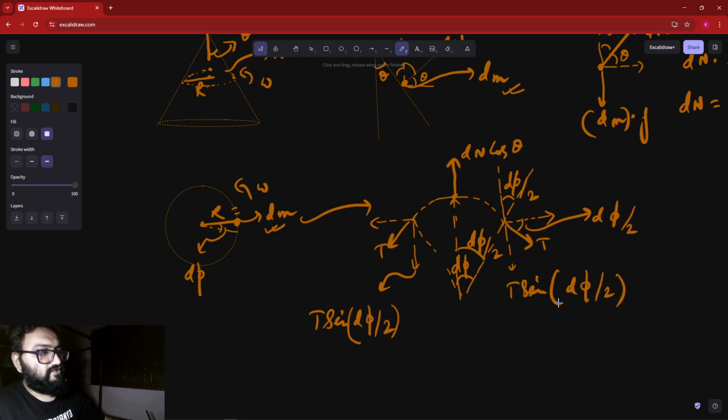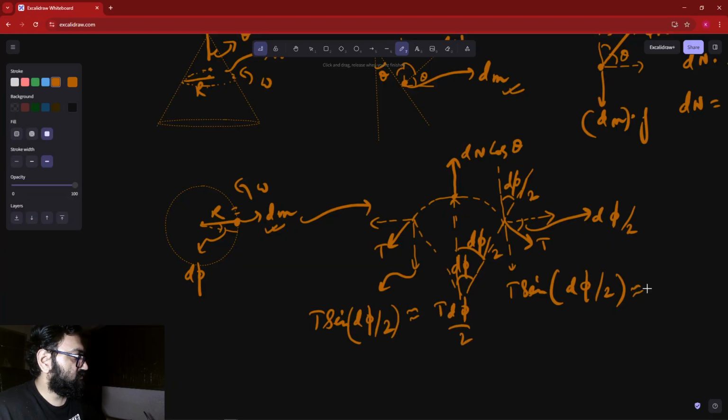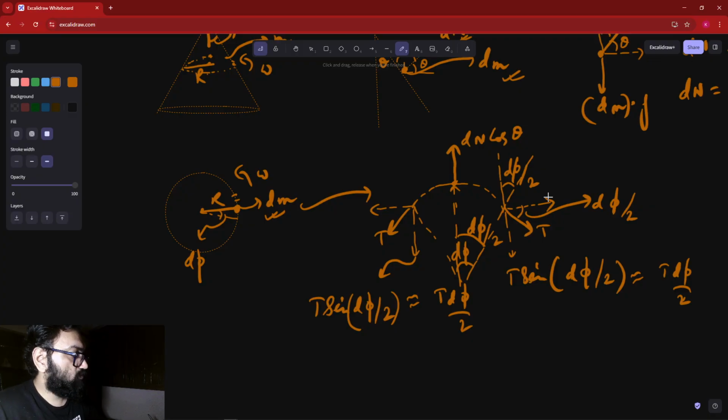Now since this d phi is very small, I can write this down as t d phi by 2, and this can also be written as t times d phi by 2. And this horizontal component gets cancelled.